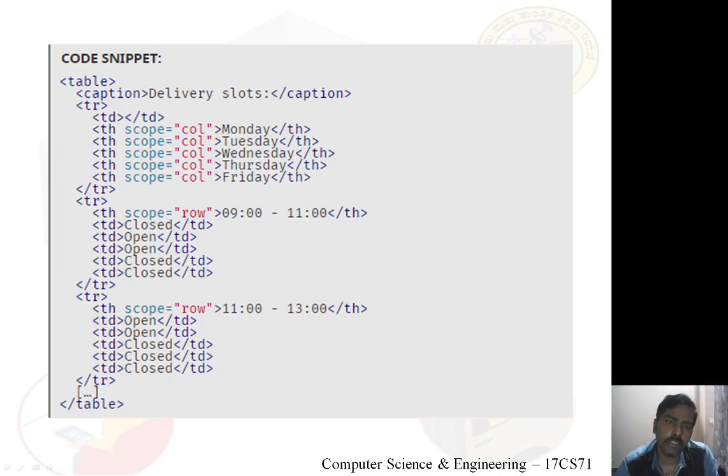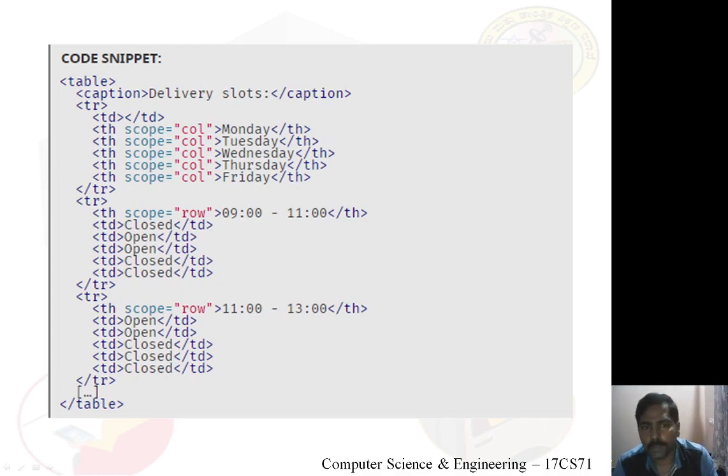Got it? Once again I repeat. We know in the previous table, all cells in the first row are headers, so I'm using th for all the cells in the first row.